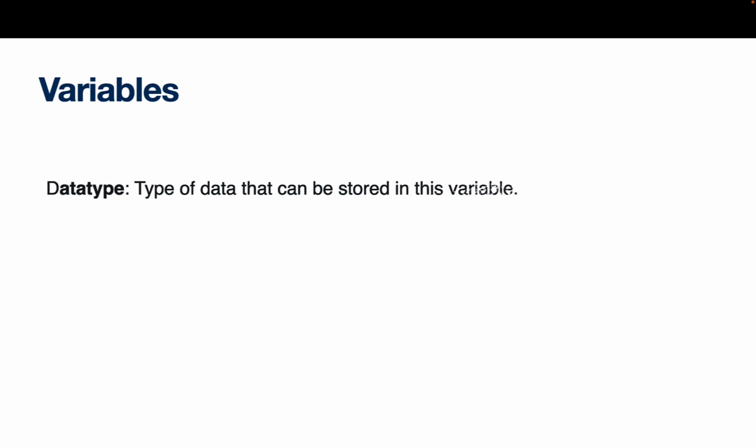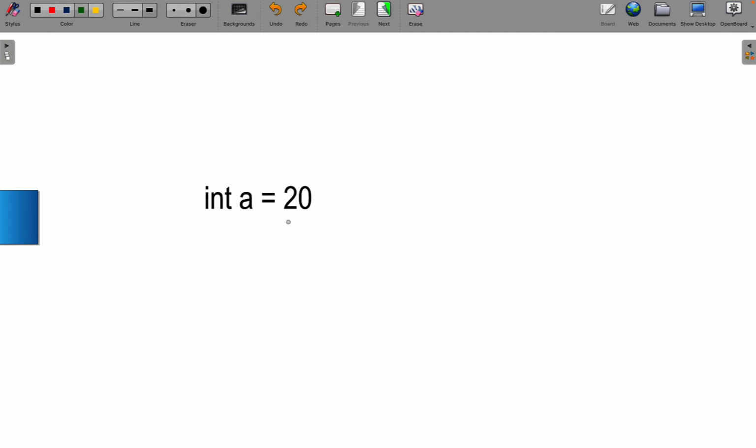Creating a variable, we need to take care of two things. One is the data type, that is the type of data that we are storing in this variable. And second is the data name, that is the name that we give to a variable. Going back to the same example, int a equals 20: int is the data type. It tells us what kind of data we are storing in that variable. a is the variable name and 20 is the constant.